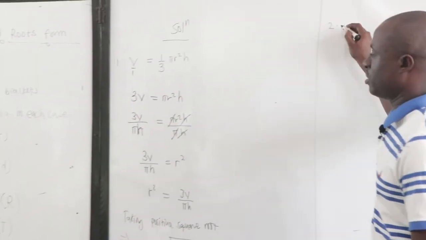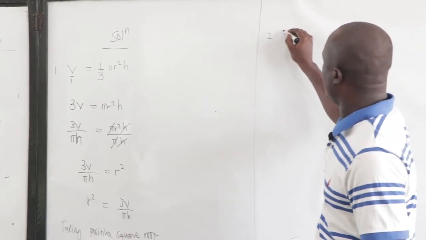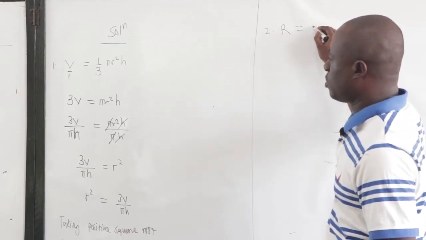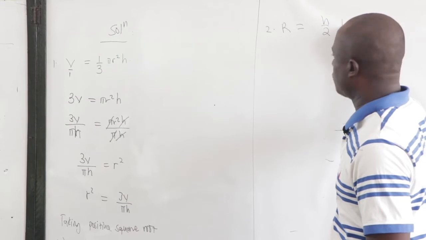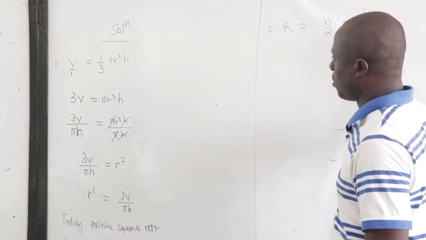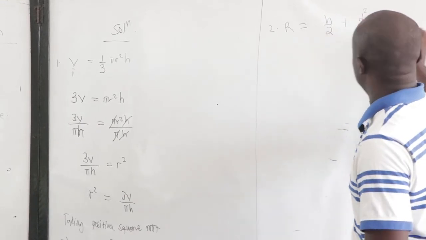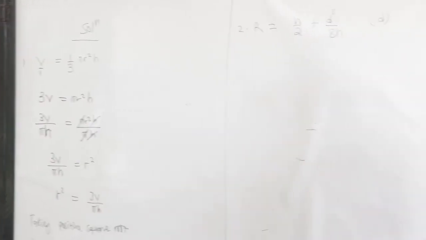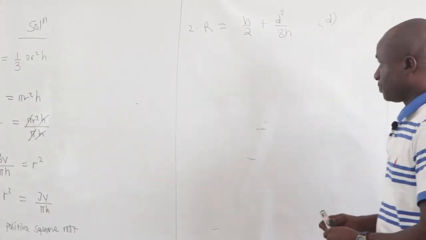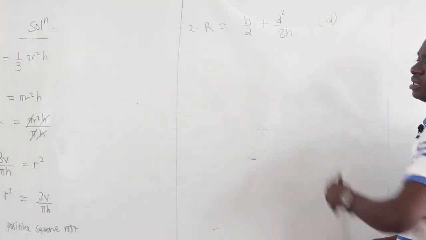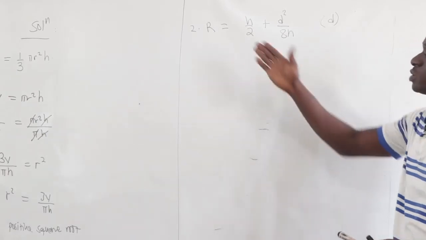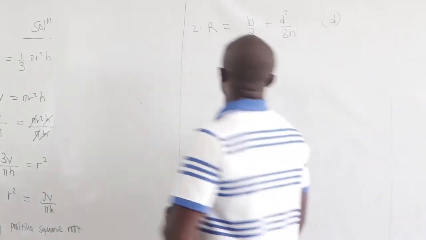The second question, we have r to be equal to h over 2 plus d squared all over 8h. We want to make d the subject. Now, with this, what is the LCM? The LCM is 8h. So you multiply each term by the LCM, which is 8h.